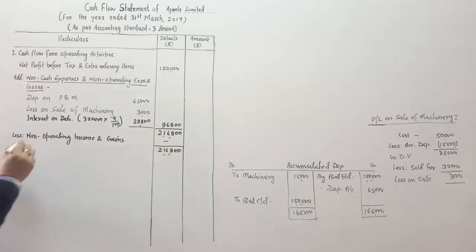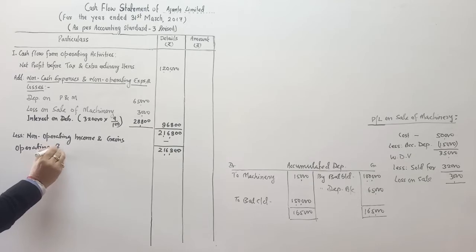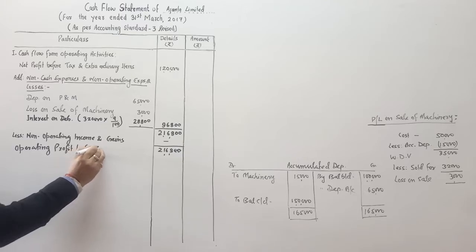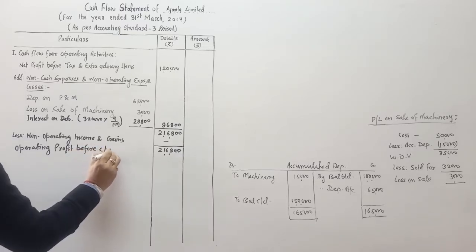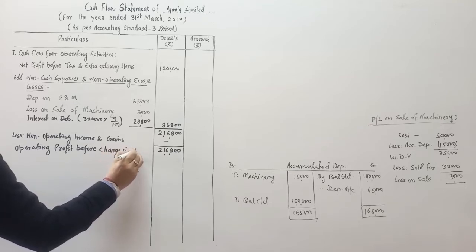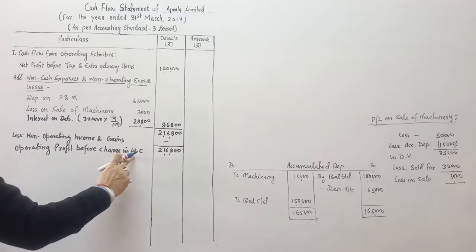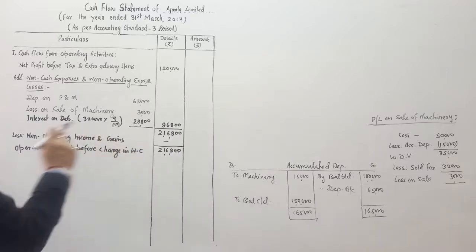This figure indicates the operating profit before change in working capital. W.C means working capital.